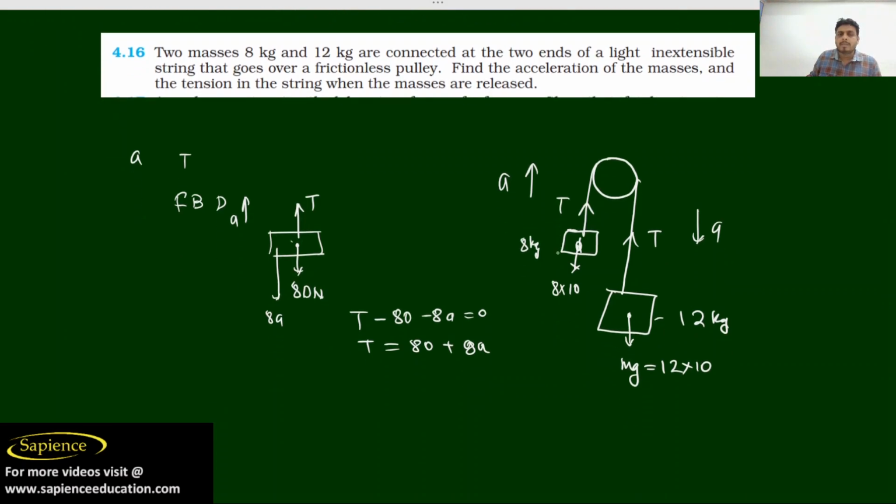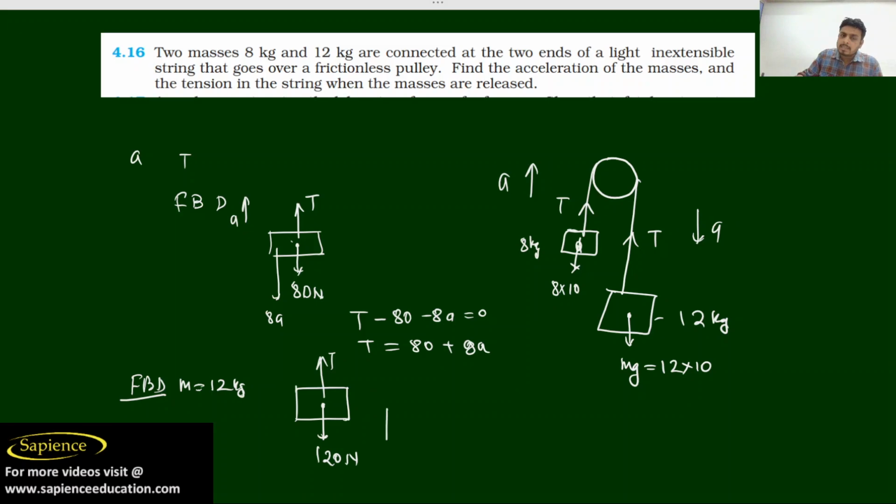Now again use the free body diagram of the body of mass 12 kg. So 12 into 10, that is equal to 120 Newton, is acting in the downward direction. Tension will act in the upward direction.